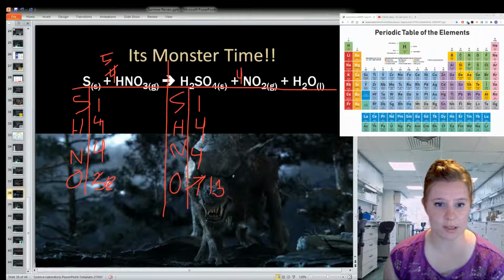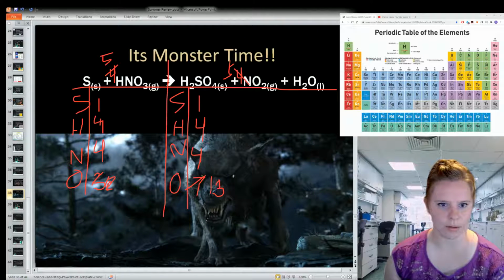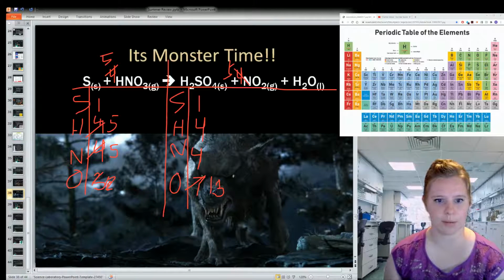Which also, because of the nitrogen being in a 1-to-1 ratio, if I put a 5 there, I have to put a 5 here. And let's just fix that. Okay, so now I have 5 H's. Now I have 5 N's. And these, I mean, this is a monster, okay? These can get a little big sometimes. Now I have 15 O2.